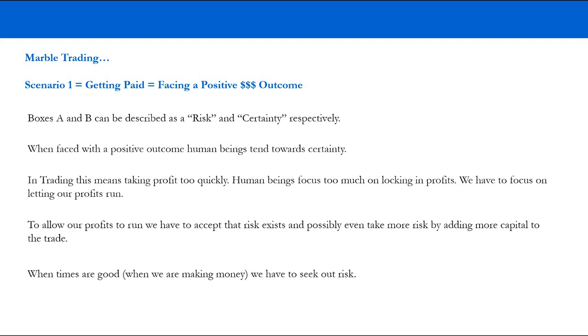So 80% of people will choose to pull the green marble from box B because this provides certainty that they're going to get paid 700.